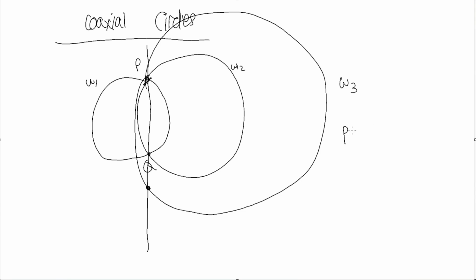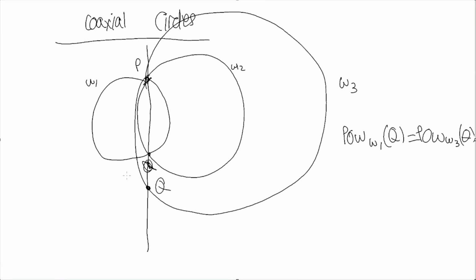So this means that the power with respect to omega 1 of Q is equal to the power with respect to omega 3 of Q, because by definition Q lies on the radical axis of omega 1 and omega 3, because PQ is a radical axis.